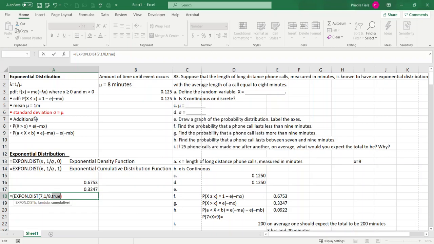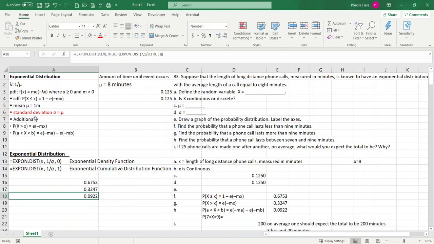So let's go ahead and do 9 first, minus the exponential distribution of 7. My lambda is going to be 1/8, or 0.125, and then it's true because you want a cumulative value, and that's going to be exactly the same value over here.